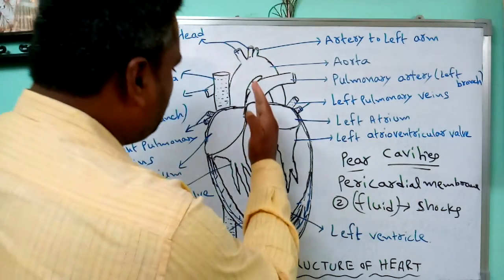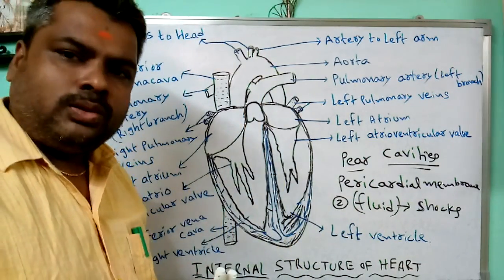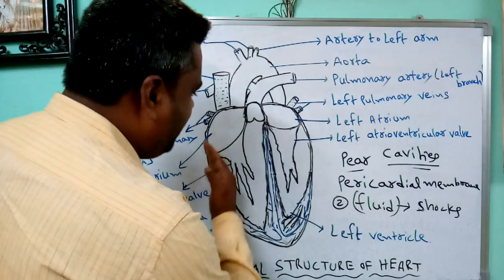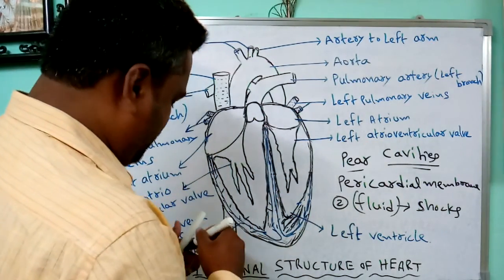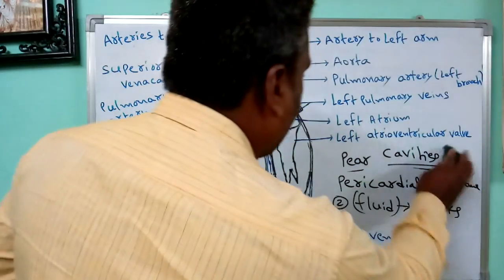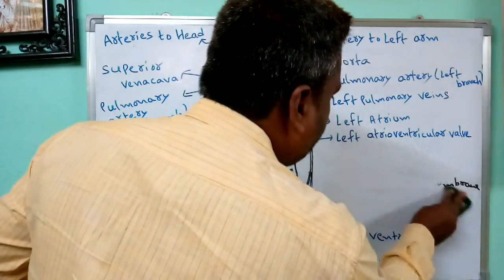Next, these grooves or cavities are separated by a muscular wall that is commonly called the septum or septae.